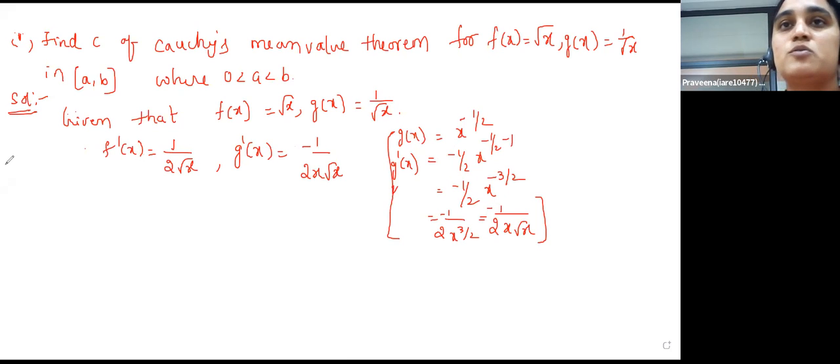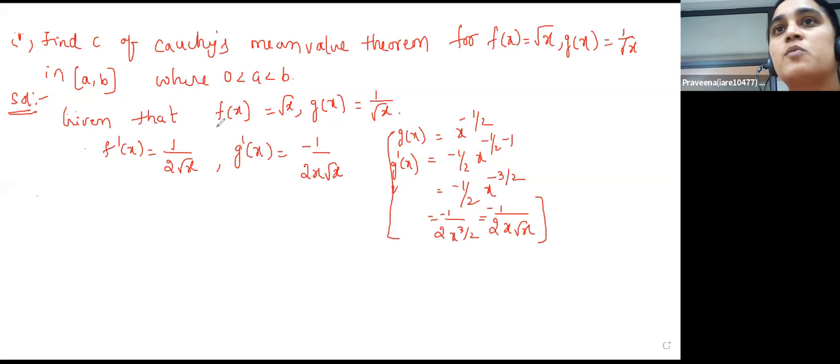Therefore, these two are differentiable. And here what is one more condition? g dash of x. If differentiable, then this is definitely continuous. And one more condition: g dash of x is not equal to 0, right? That means how we verify g dash of x is not equal to 0.